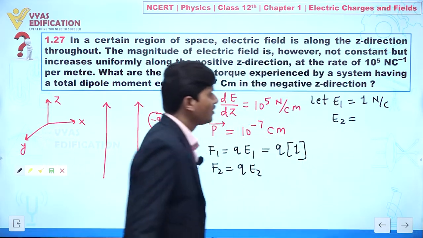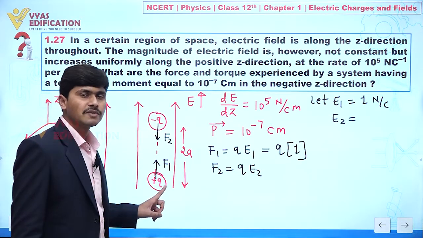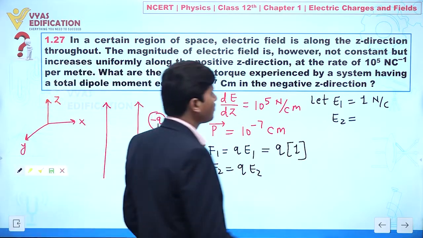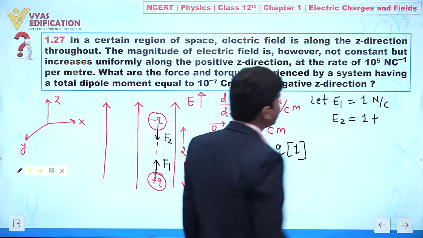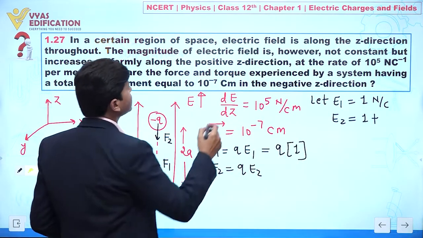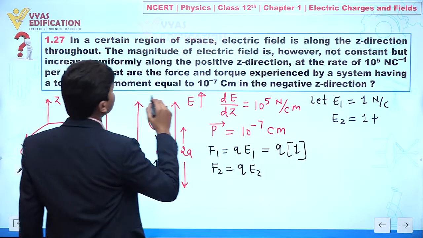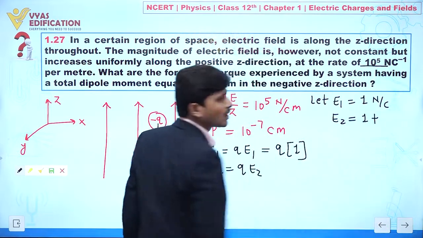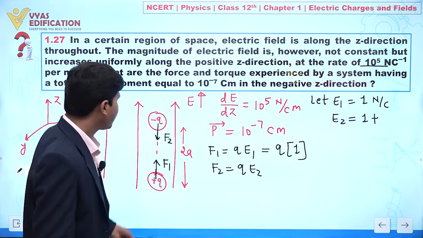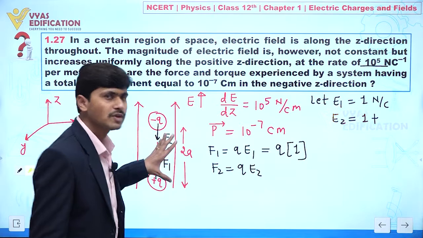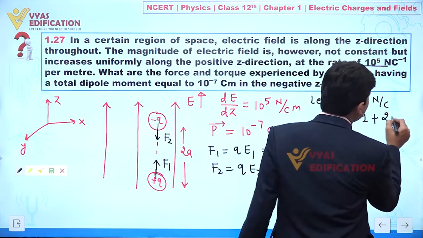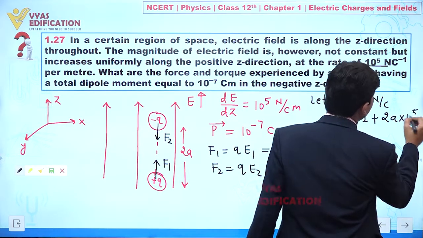Listen carefully. At this position we have an electric field of 1 Newton per coulomb, and in this question it is given that it increases at the rate of 10 to the power 5 Newton per coulomb per meter. Here the distance is 2a, so the increase is 2a multiplied by 10 to the power 5.